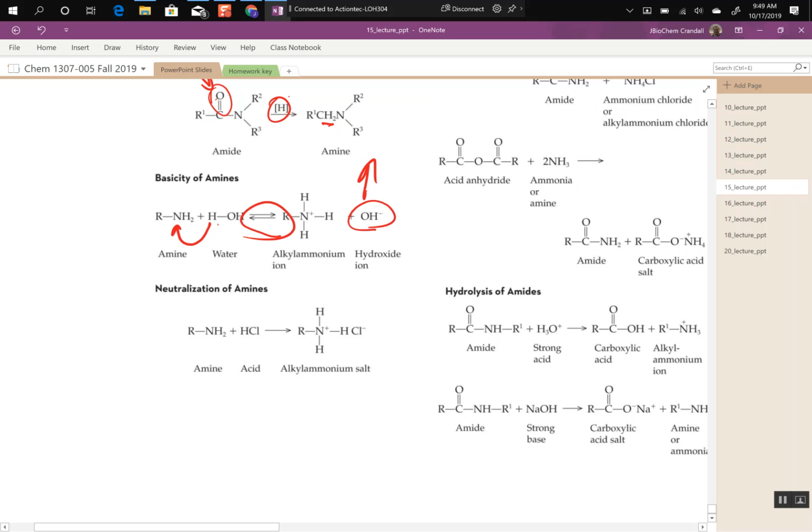Now this is an equilibrium process, which means that not all of the amines are going to become ammoniums. Okay, about 5% of them. 5% is plenty to give yourself a change in a pH. Because when we're talking about pHs, we're not talking about large amounts of things. We're talking about really, really, really, really tiny amounts of stuff.